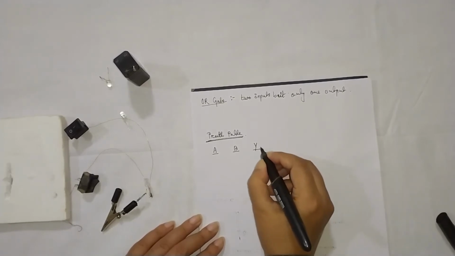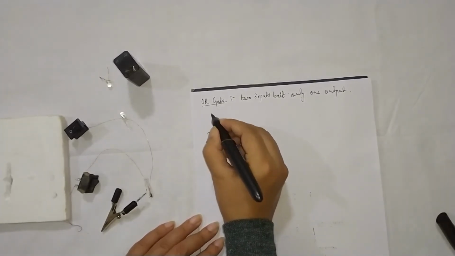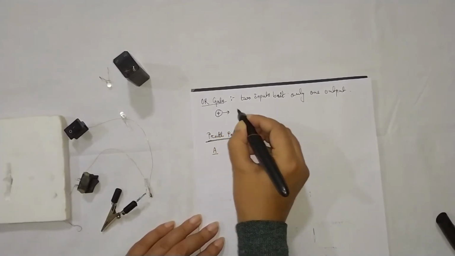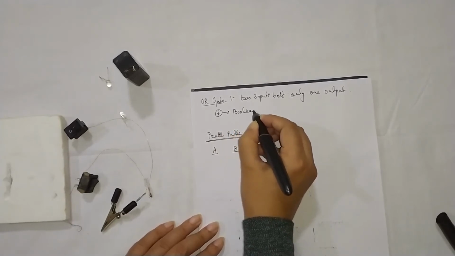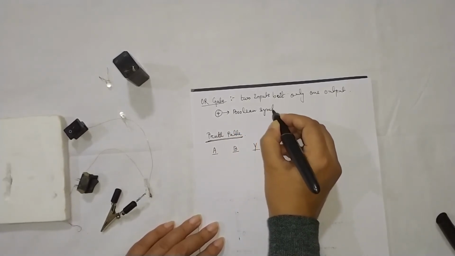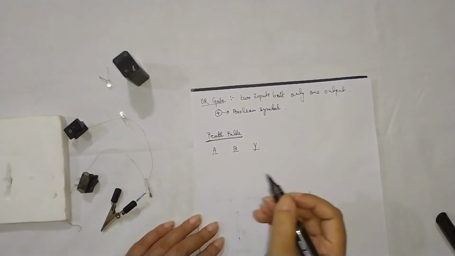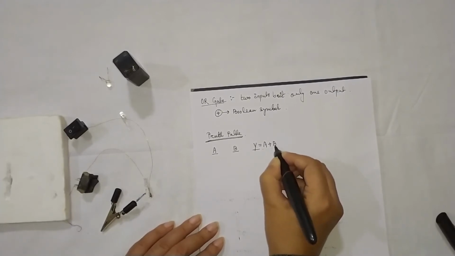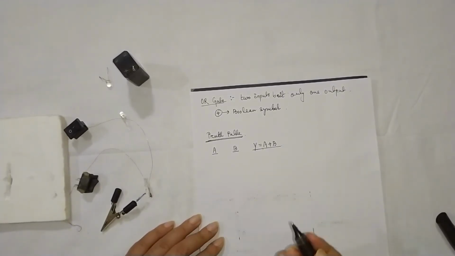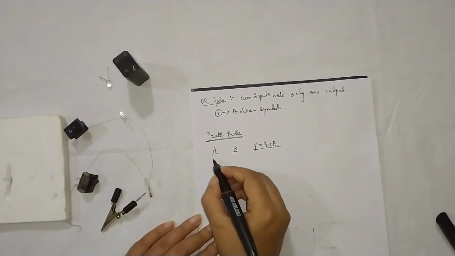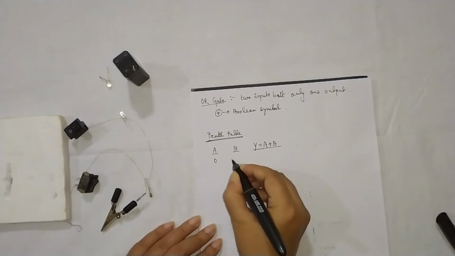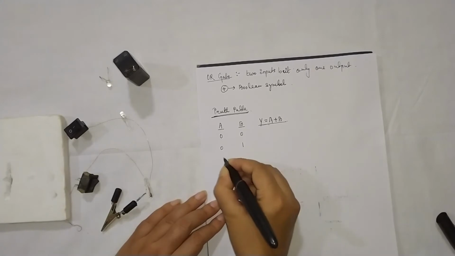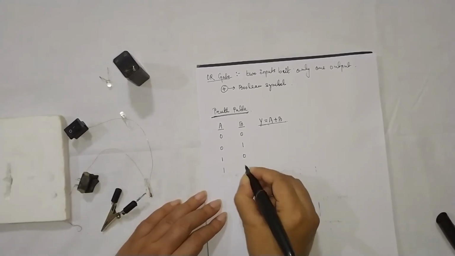The Boolean symbol associated with this OR gate is the plus sign. So my output will be equal to A plus B. The choices I have for the inputs are 0 0, 0 1, 1 0, 1 1.